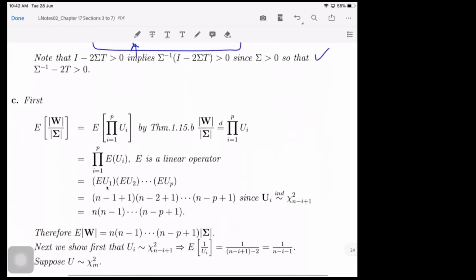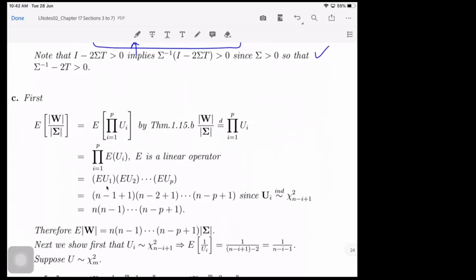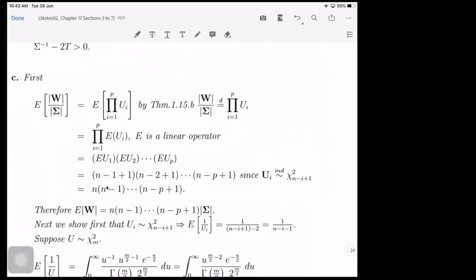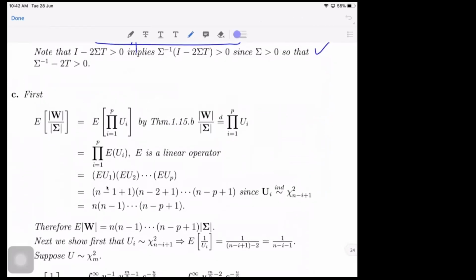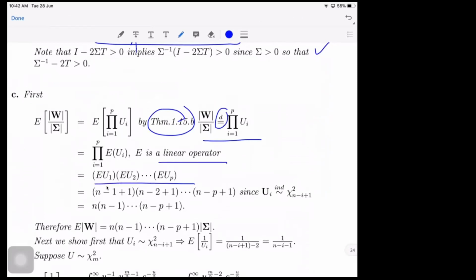And then this is the expected value of the ratio. And then you use the result in 17.15b and the concept that they have similar distribution, linear transformation or linear operator, and independence will have this.